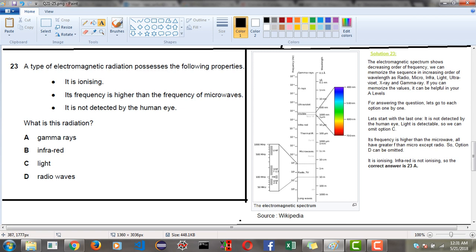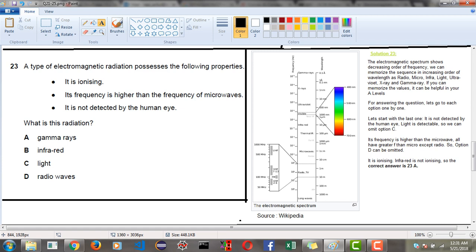Okay, now we need to know the increasing frequency of waves. As you can see, there is an electromagnetic spectrum shown that is collected from Wikipedia, and this shows the decreasing frequency.